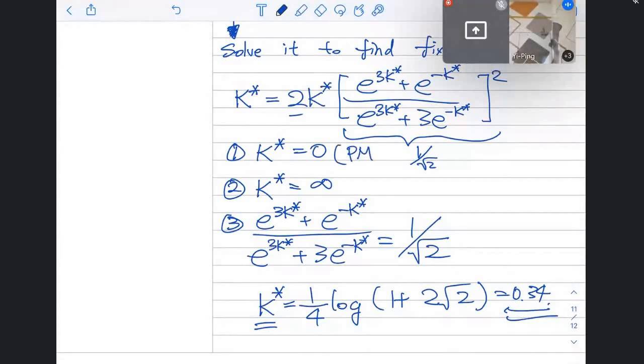Wait a second. K star goes to 0 means temperature is really high. It is the case where paramagnetism happens, and K star going to infinity is the case where we have symmetry breaking and a ferromagnetic order. And this is basically the third one, K star equal to the critical point.